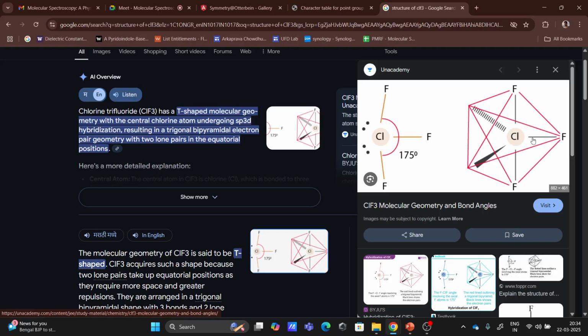So one of the sigma v's will contain only the chlorine and one fluorine, and another will contain all three fluorines and chlorine, and it will bisect the two lone pairs. So there are two sigma v planes.